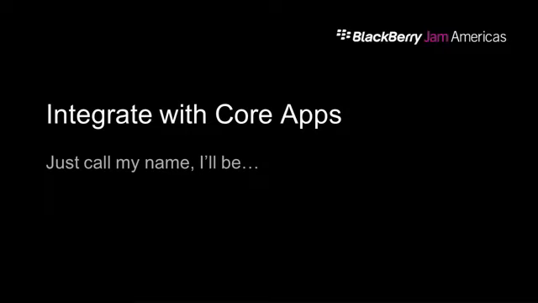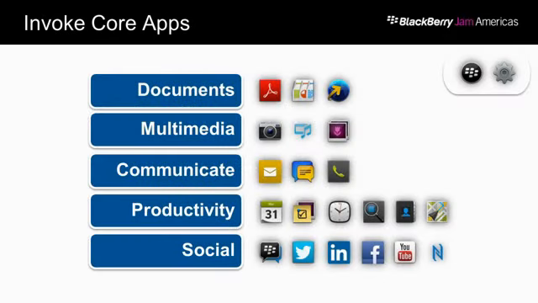But we're going to look into integrating with core applications because users want that. Because core applications are usually killer apps, like emails, phone application, camera application. They're essentials, right? People can't live without them. So when it comes to integrating with core applications, we actually have a long list of applications that you can integrate with.